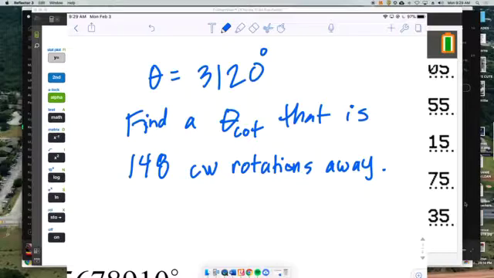I might ask you for this. Write down the formula that you're typing into your calculator.